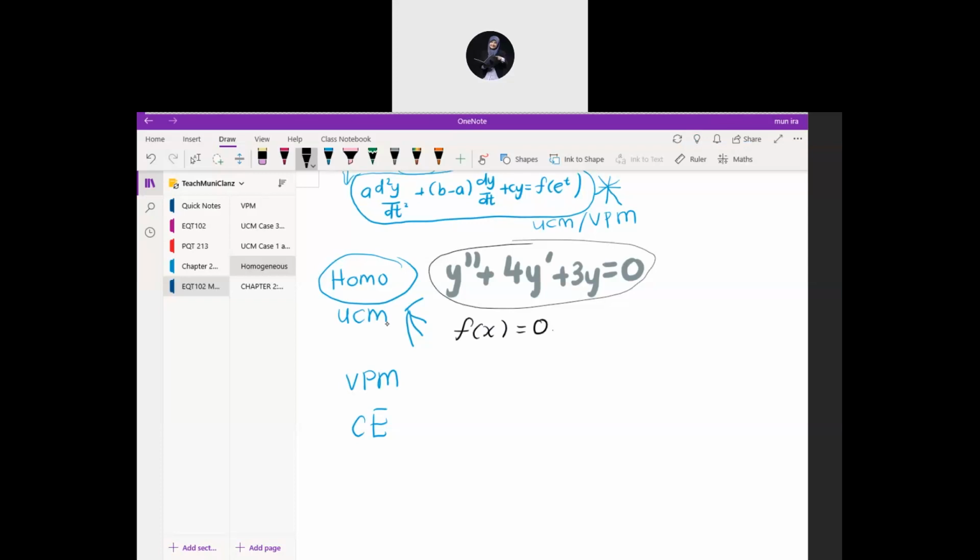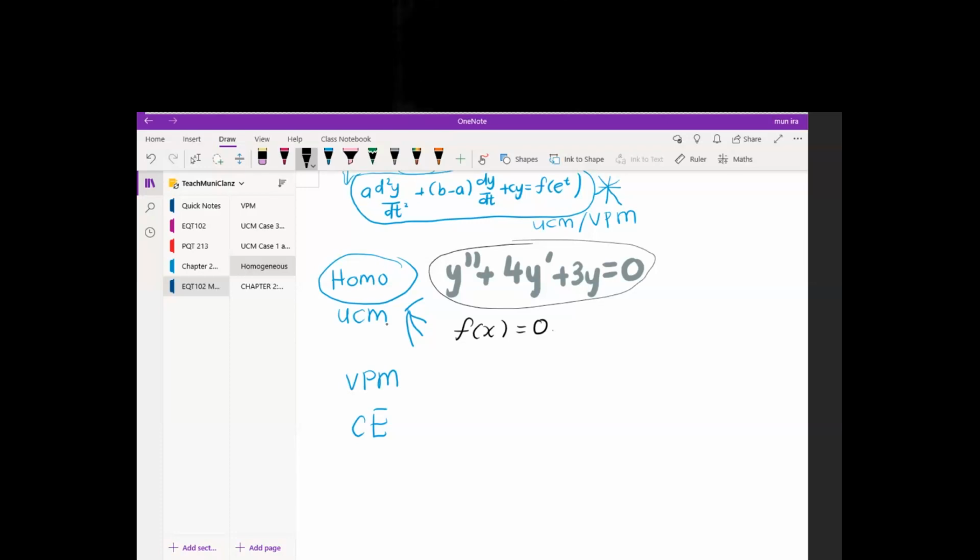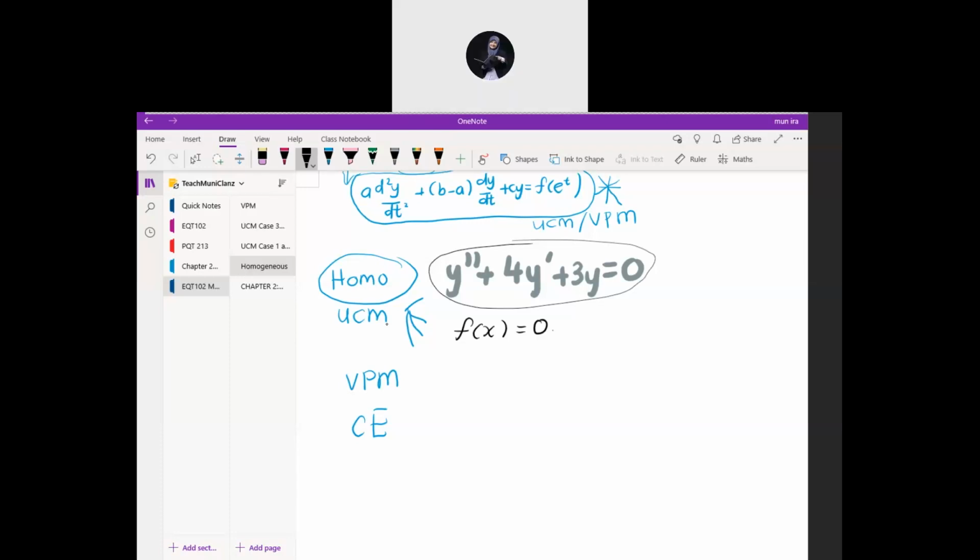Okay, class. Some tips for your test 1 as a preparation for your test. You must be able to understand the fundamental of second order, which is, for example, just now, I can give you a multiple choice question. My question is very simple.